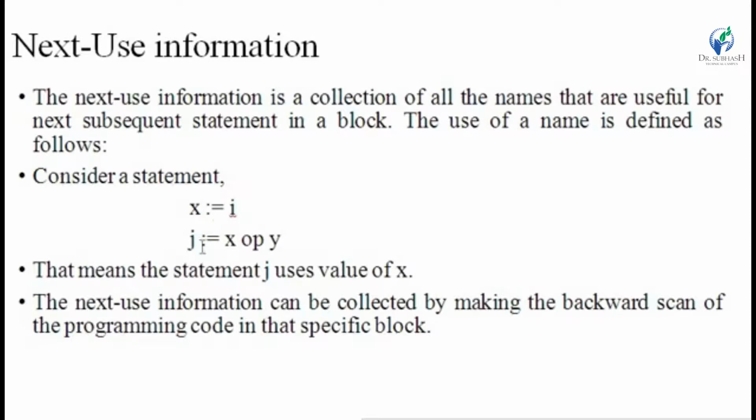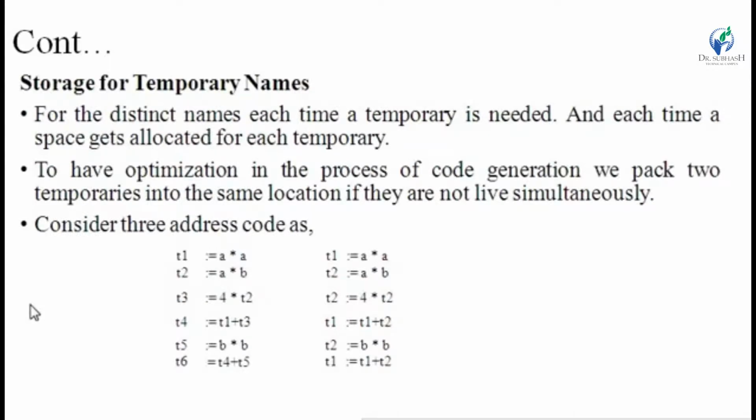For example, consider a statement i: x equal to y operator z, and j: a statement equal to x operator y. That means statement j uses the value of x. So the next use information can be collected by making a backward scan of the program code in that specific block. And second one is storage for temporary names.